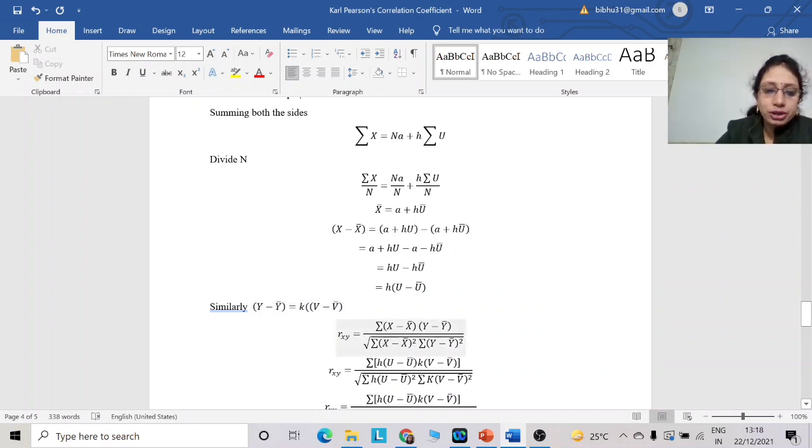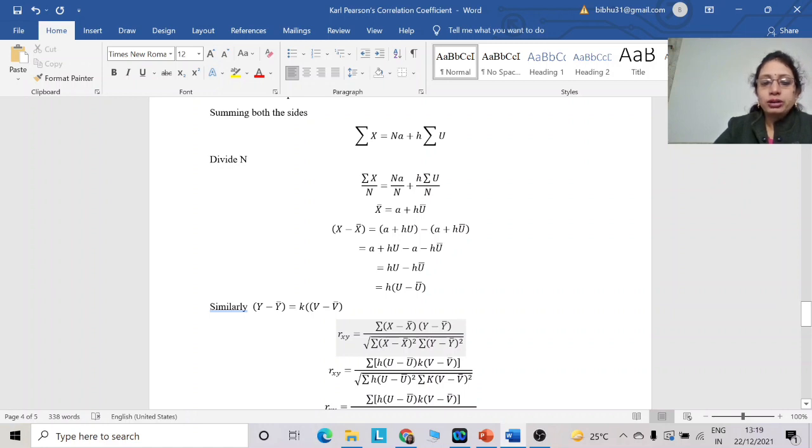Now rewrite the formula of the correlation coefficient: Rxy is equal to summation of (x minus x bar)(y minus y bar) in the numerator.